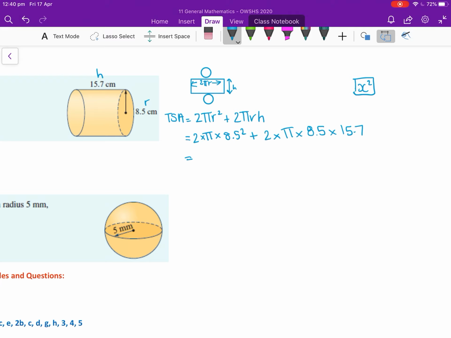So find your x squared button, hit that, plus 2 times pi times 8.5 times 15.7 equals, and you can see that I could do that all in one go. Even though they're broken into 2 sections, the calculator knows to multiply first and then add it as the third step. That's fine. So now we'll say approximately equal to 1,292.45, and the units are going to be centimetres squared, being area.